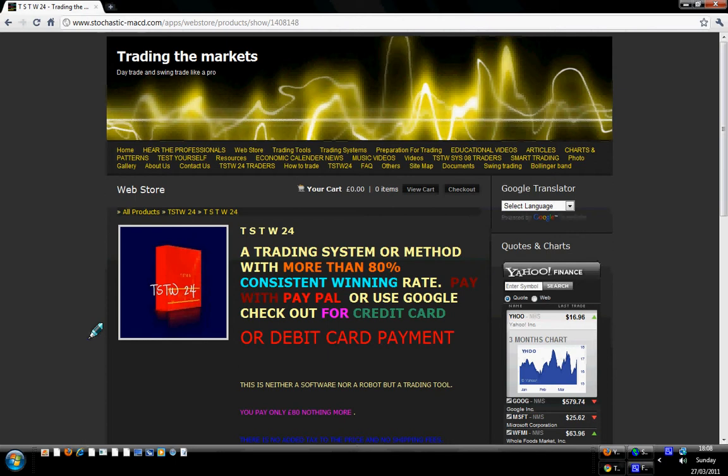It can be used for trading gold, crude oil, stocks, currencies, futures, and options. Very important: for those using the TSTW24 for option trading, you must use the swing trading method of the TSTW24 for your option trading, and commodity traders must also use the swing trading portion. That's the best way to do it, but the decision is perfectly yours.